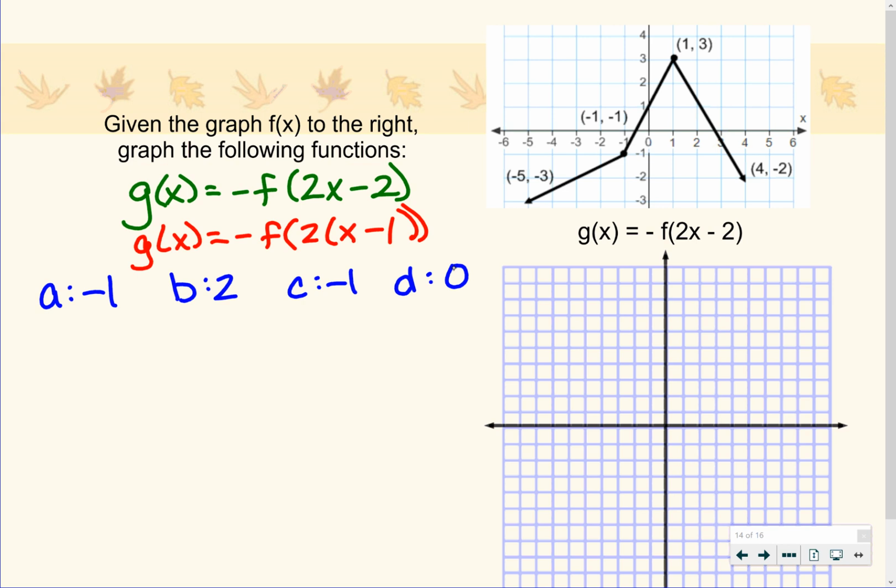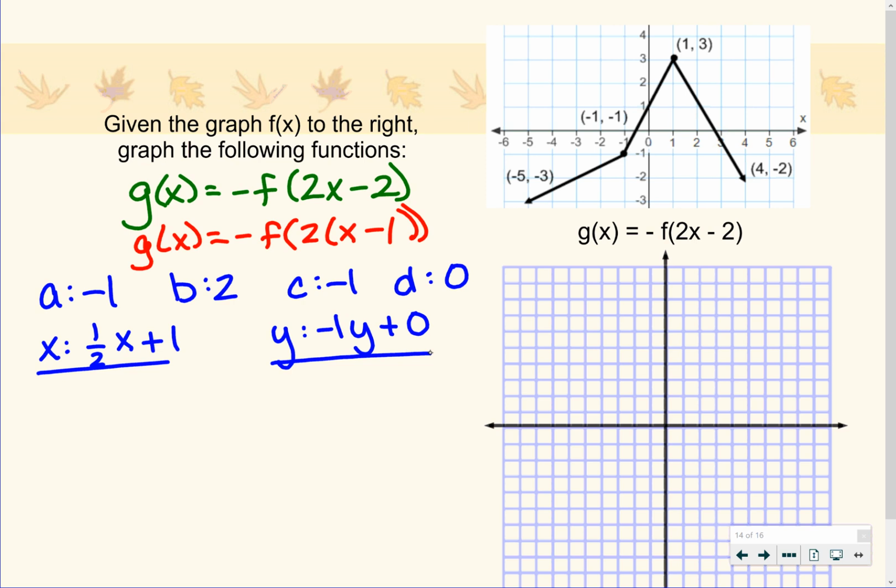Okay. So to transform my x's, we're going to do the reciprocal of B, x minus C. The reciprocal of B is 1/2, x minus C, plus 1. To transform our y's, we're going to do A times y plus D. A is a -1, times y, plus 0 in this case.